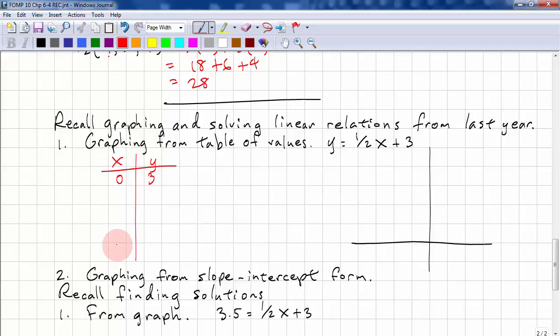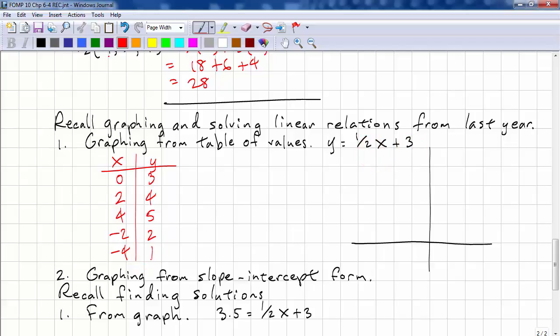And we can also plug in more values. 2 divided by 2 is 1, plus 3 is 4. 4 times a half is the same as saying 4 divided by 2. So 4 divided by 2 is 2, plus 3, that's 5. Negative 2. So negative 2 divided by 2 is negative 1, plus 3 is 2, and negative 4. Negative 4 divided by 2 is negative 2, plus 3 is 1.